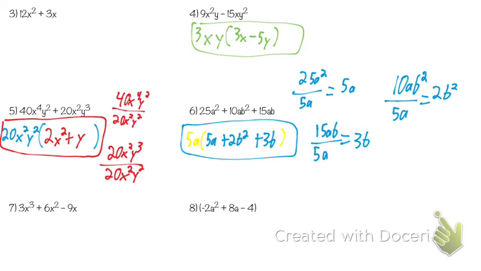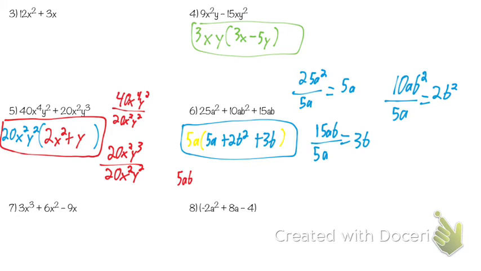Now let me ask this question. Had we factored out a b before, and we multiply back in, would this first term end up getting a b? Let me show you what I'm talking about. We talked about saying, can we factor out a b?